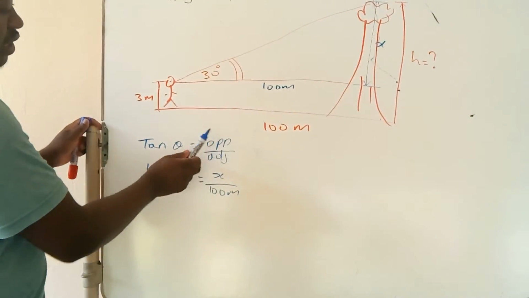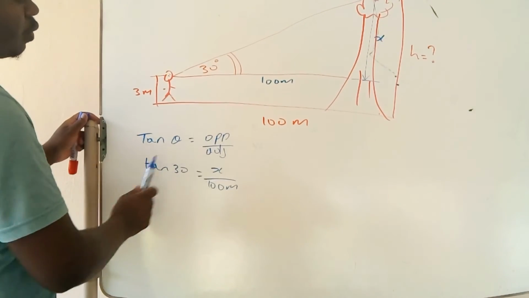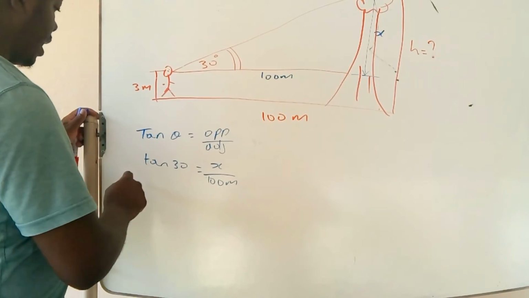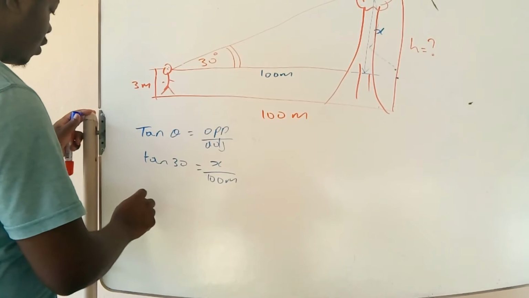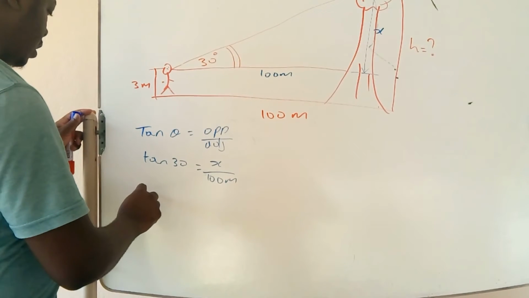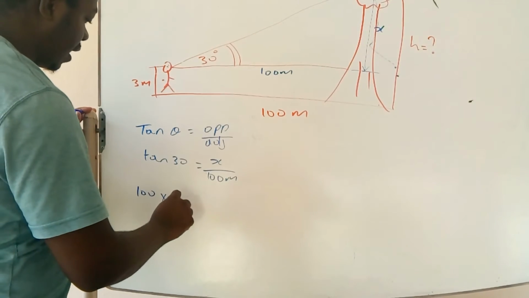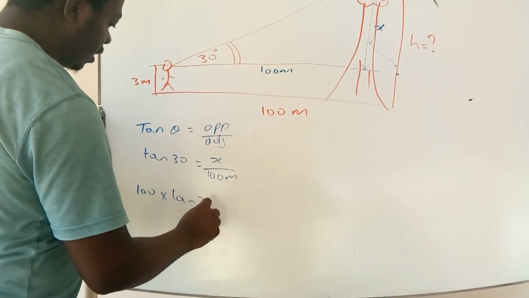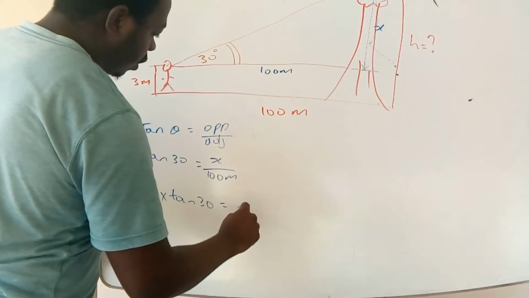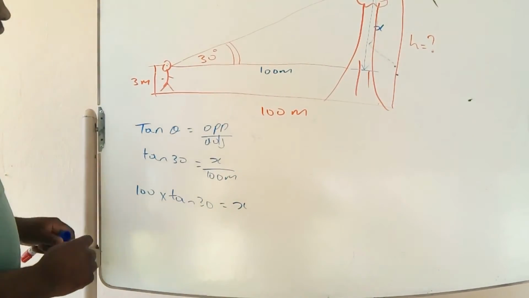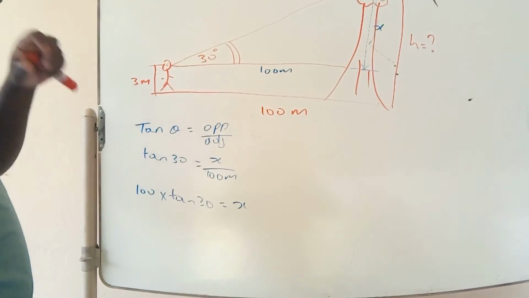Can we find what x is? Yes. Multiply both sides by 100. So if you multiply this side by 100, you get 100 times tan 30 is equal to x, right? And you can put this on your calculator.